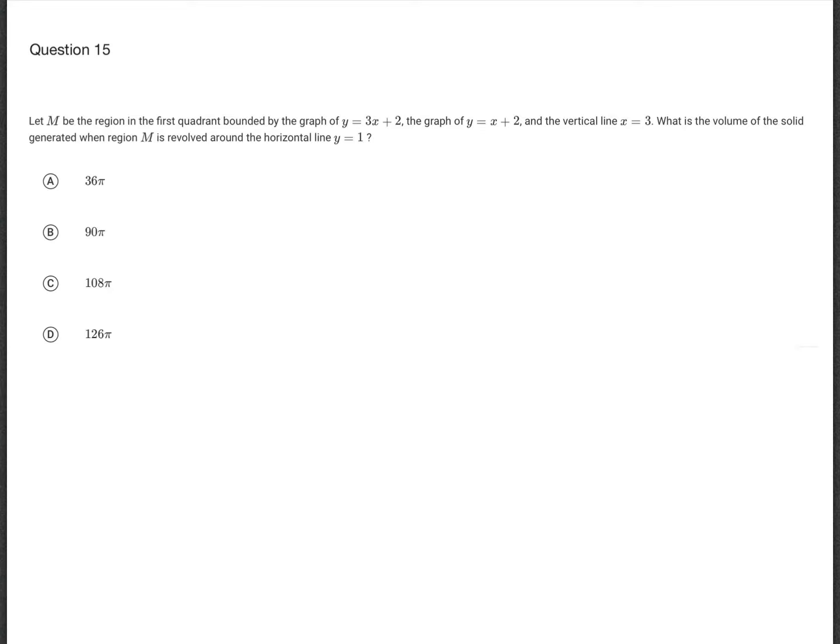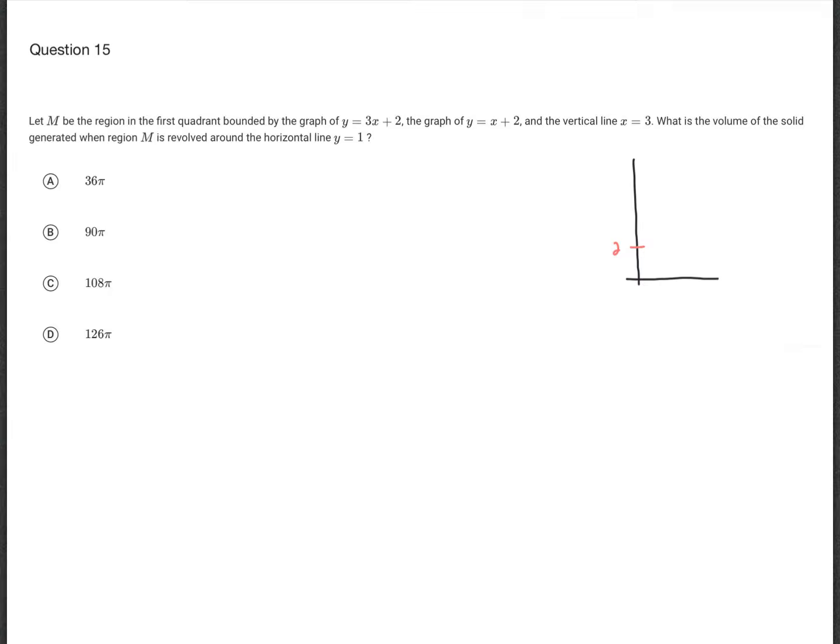Okay, so definitely drawing this picture. So they talk about the first quadrant. Let's draw the first quadrant. Actually, let me draw this a little differently. Okay, let's make that the plus 2.